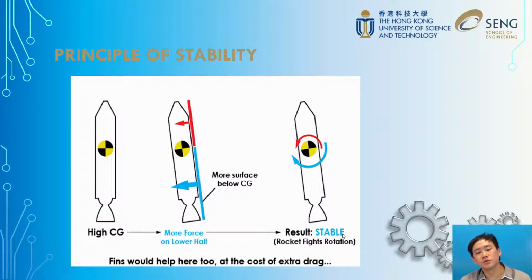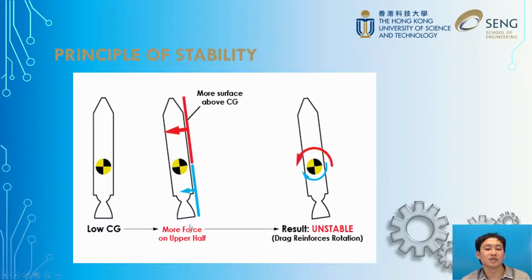Another solution to achieve stability, if the center of gravity cannot move towards the tip, is this. If we come back to this situation, this is true only when the whole rocket has a similar thickness.